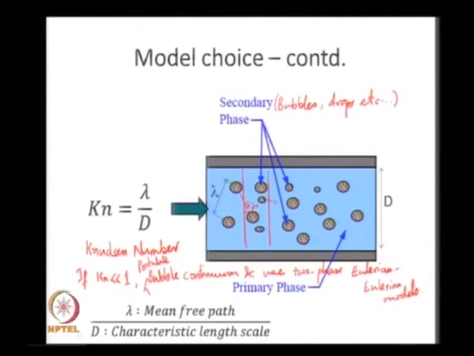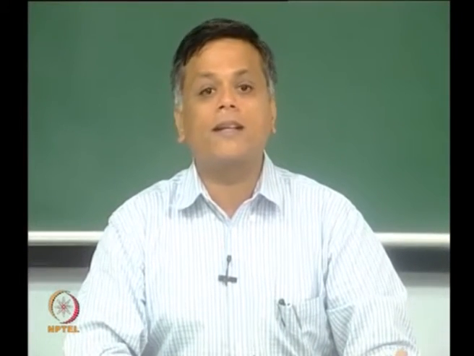I can use two phase Eulerian models. If this Knudsen number is very large, that is, the bubbles seldom collide, that means my particle particle interaction is weak if not completely absent.